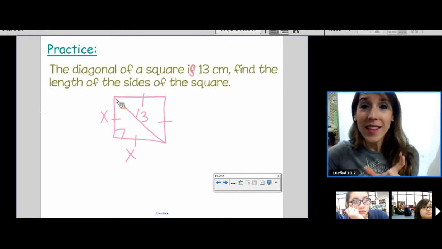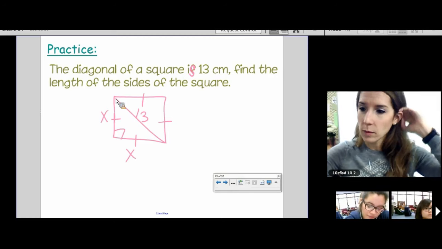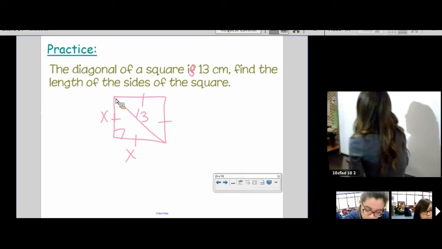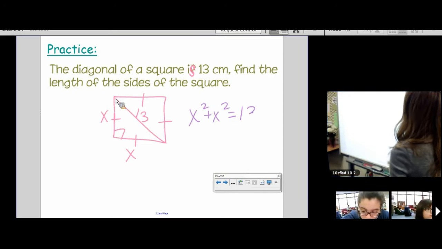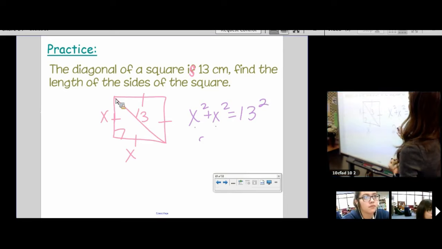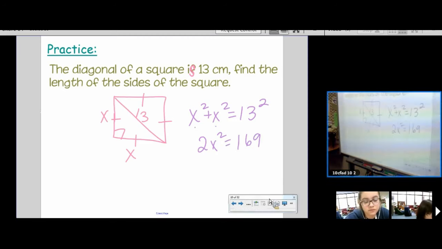So if I call one of the sides x, I'm allowed to call the other side x. All right, so if I do Pythagorean Theorem, a squared plus b squared equals c squared. What is x squared plus x squared? 2x squared equals c squared.